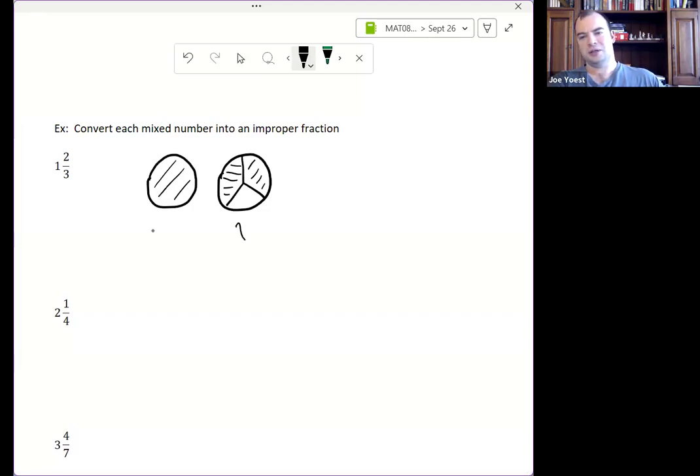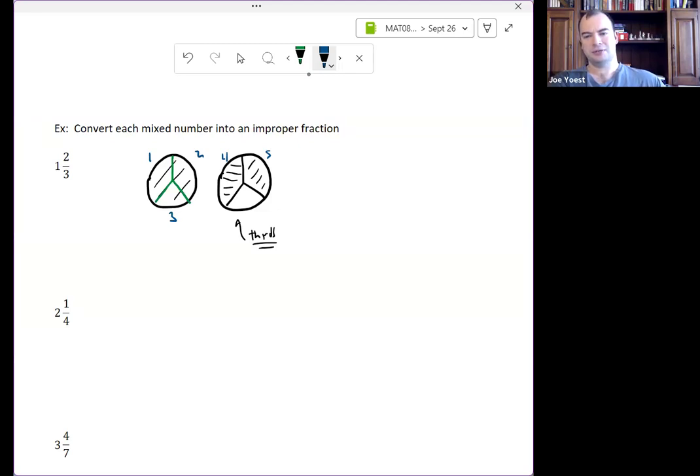This pizza is cut into thirds. It's cut into 3 equal sized slices. Let me choose to take my whole pizza here and cut it into 3 equal sized slices. How many slices do I have? 1, 2, 3, 4, 5.